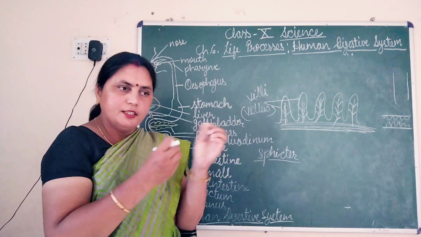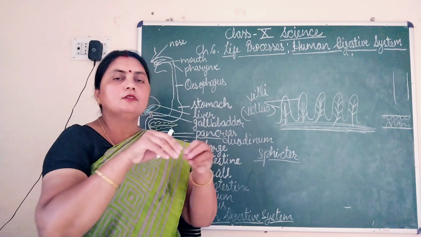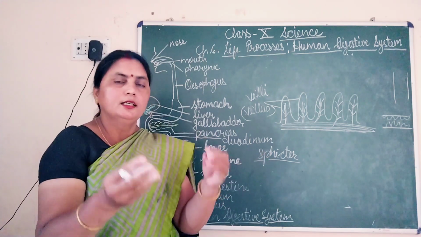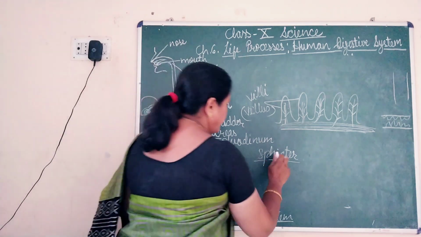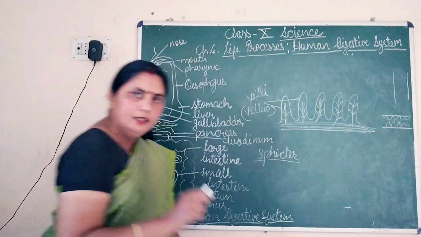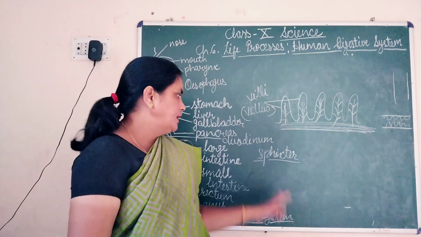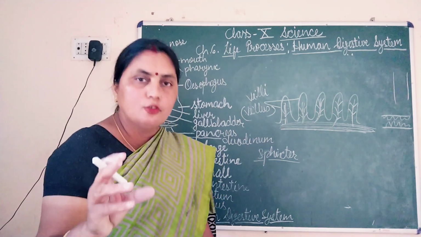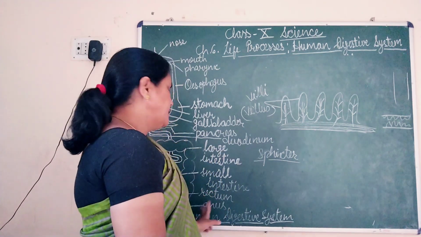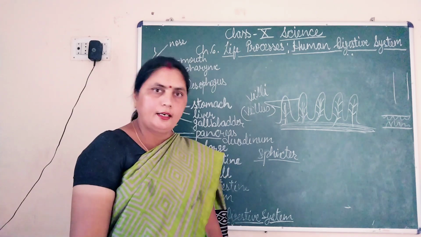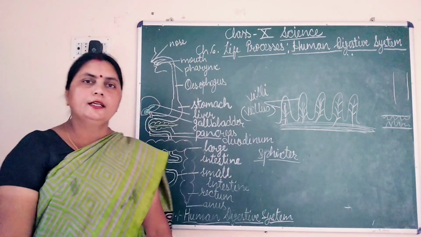Because of this sphincter, the feces do not come out spontaneously. They are controlled by the muscles of the sphincter. Got it? So the anus is provided with a muscular ring called the sphincter, which controls the release of feces stored in the rectum. I hope I have explained the structure in detail.